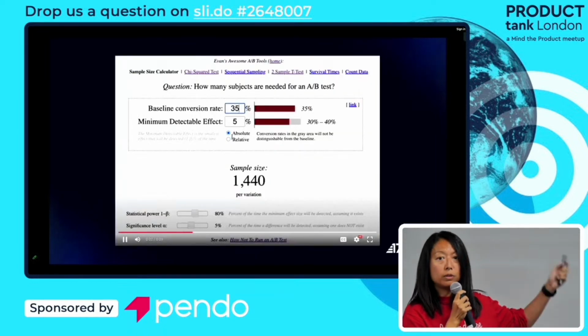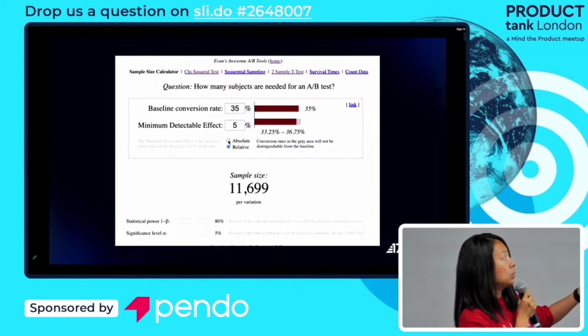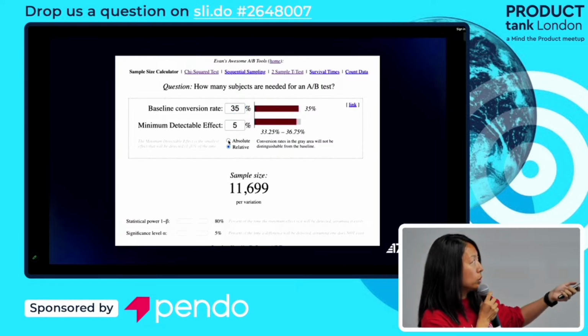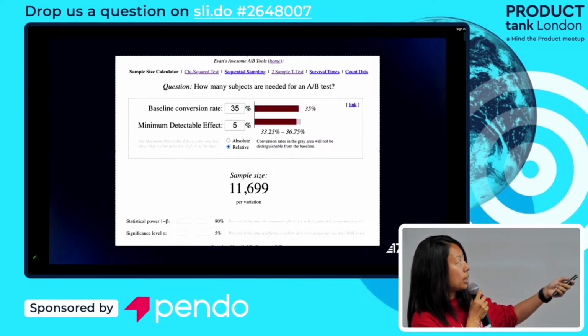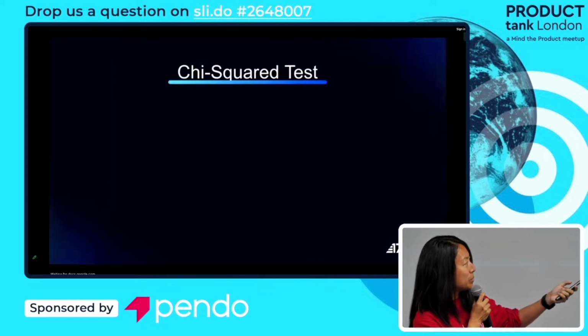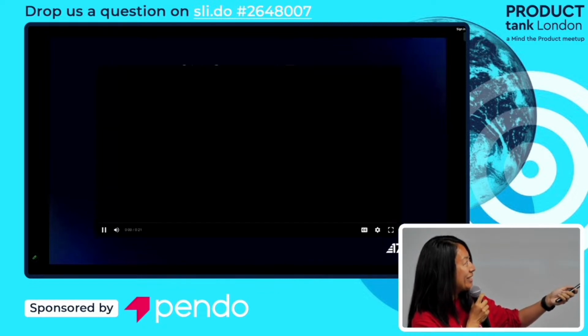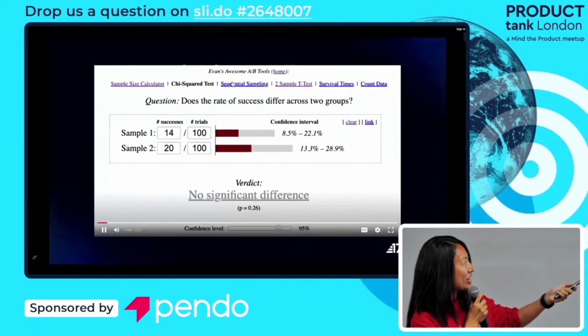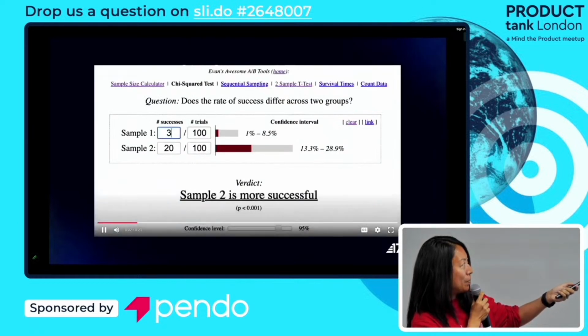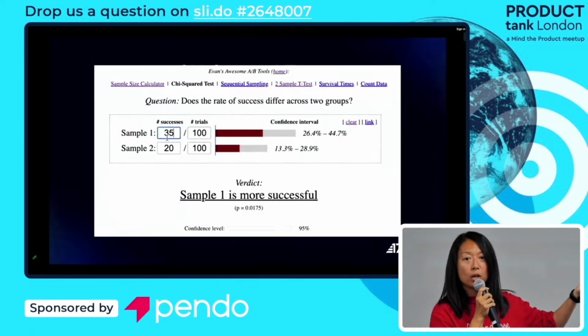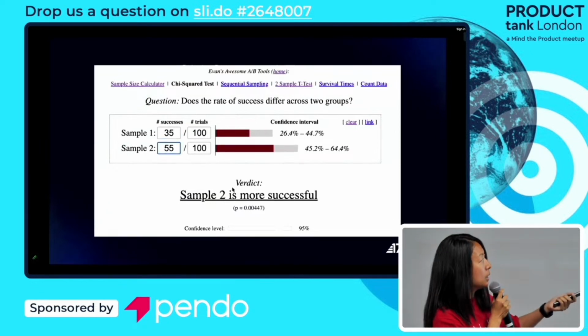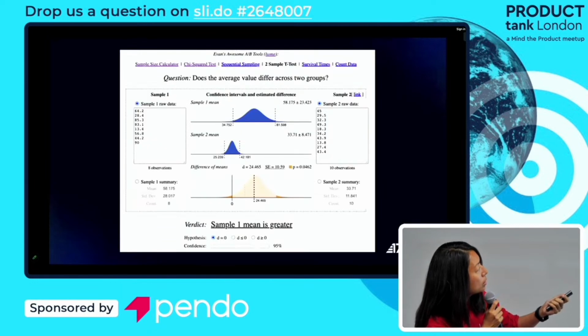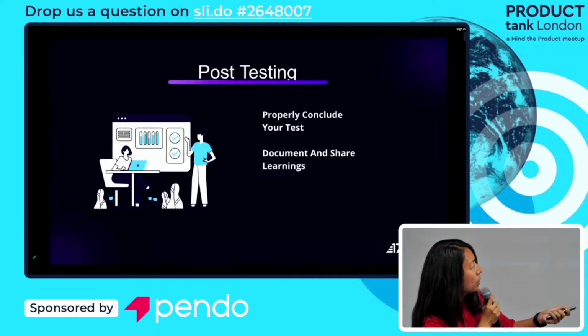So, if you go to the website I just showed, to define your sample size first, there's a couple of things you can input here. So first of all, you want to know how many trials you're running. You want to know your baseline, which is 35% in this case.